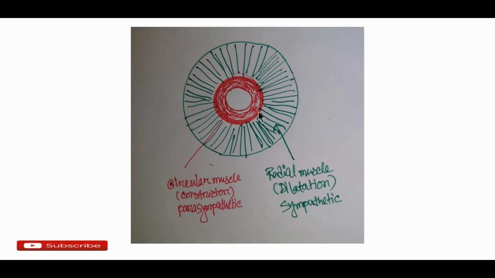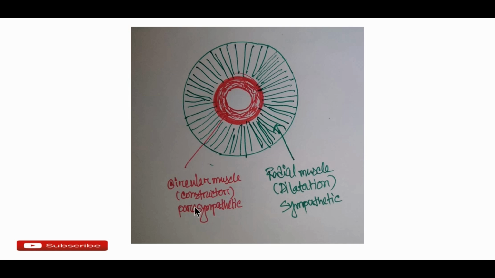Here we have shown the constrictor and dilator muscles of the pupil. This muscle is called the constrictor pupillae, which is circular and is supplied by the parasympathetic nervous system, and these are the dilator group of muscles, or dilator pupillae, in a radial manner, and this causes dilatation of the pupil and is supplied by the sympathetic nervous system.